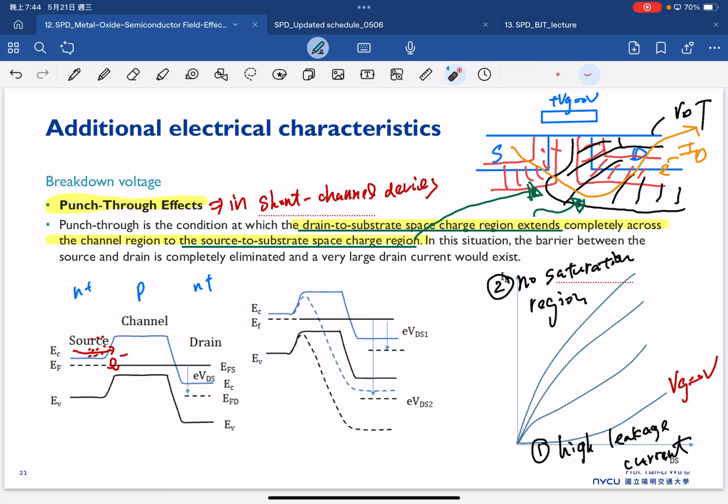But once we have a large drain bias here, then the barrier is reduced, so the electric carrier can start to tunnel across this barrier height, and this will cause a huge drain current. So no matter which way, in the end, the phenomenon can always be explained.